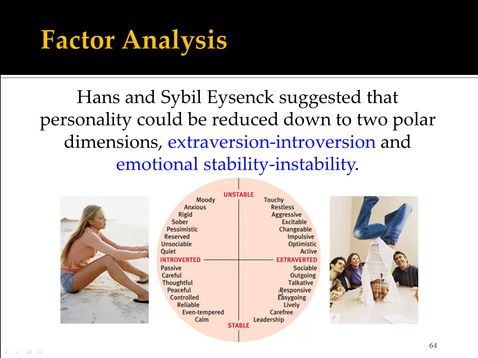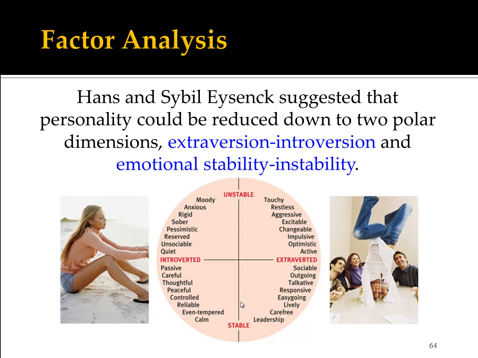Okay, and obviously the preferable place would be down here in these traits, whether you're introverted or extroverted. Both are highly successful in life, but you would prefer to be more on the stable side than the unstable side.